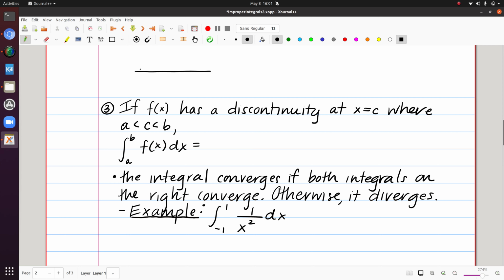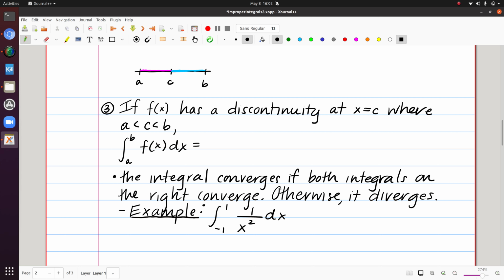So I have A to B, and there's a problem at C. Well, we can split this up into 2 separate integrals, one from A to C, and then one from C to B. And each of those individual integrals will have C as an endpoint or a limit of integration.